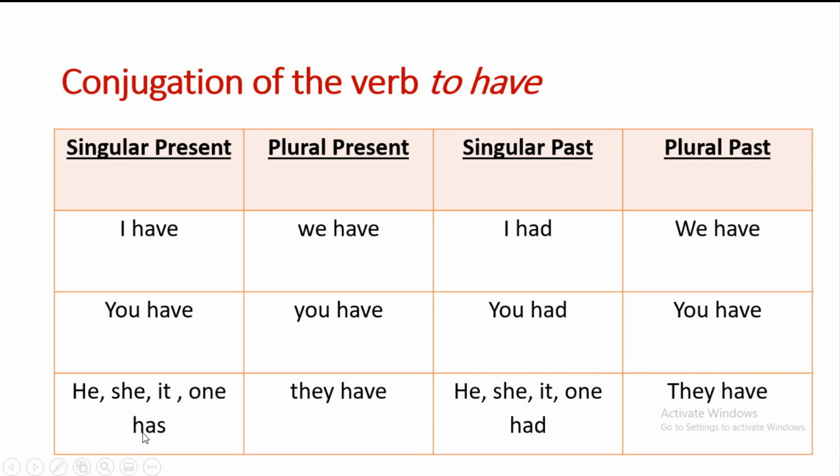All right, this is an exception of the rule with this verb. But for most of the verbs, with he, she, and it, we put an S on the verb to indicate a singular verb that comes after a singular pronoun or noun.